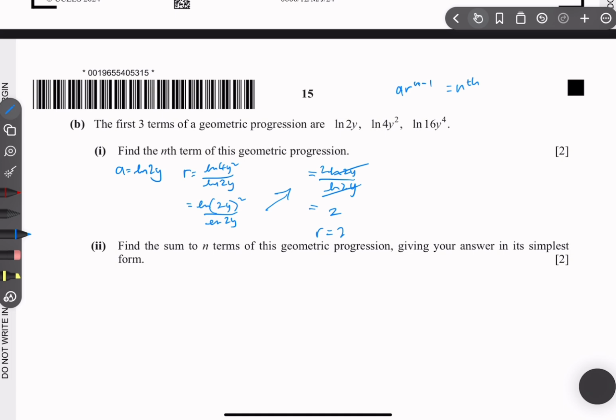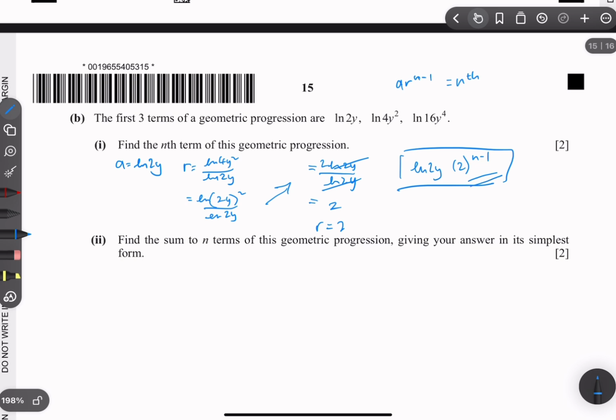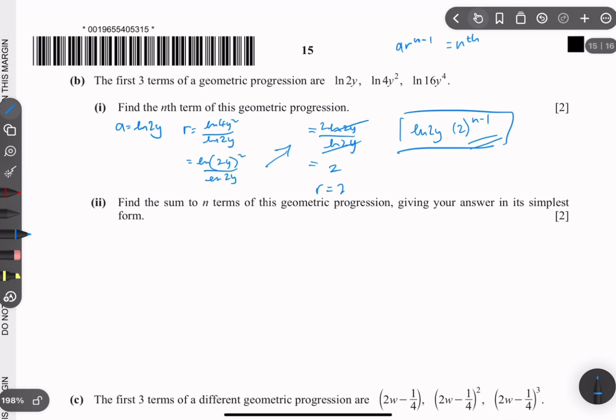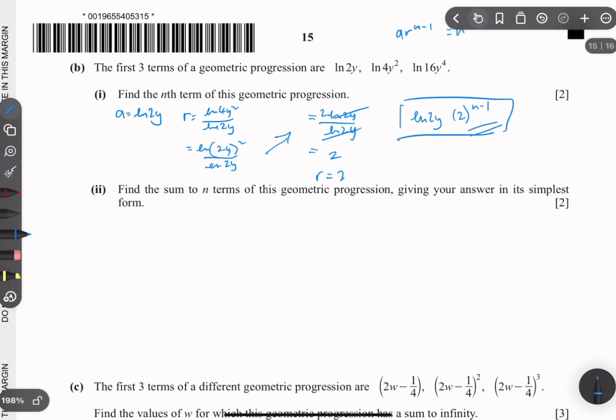And then we just rewrite this into the equation, a being ln y, and r is 2, and n minus 1. So we can leave the nth term like this. Part 2, find the sum to n terms of this geometric progression, giving your answer in its simplest form. So for this question, we'll need the formula for the sum of a geometric progression, which will be this.